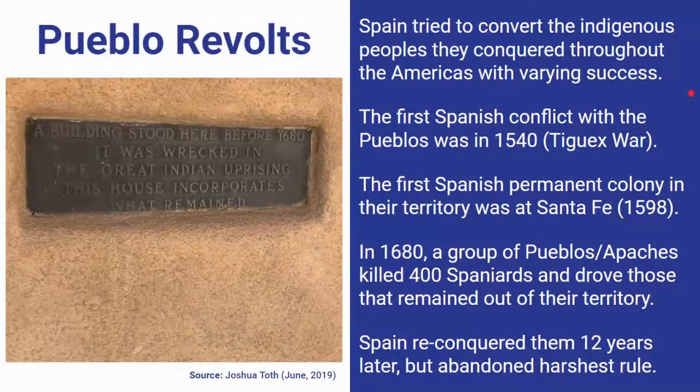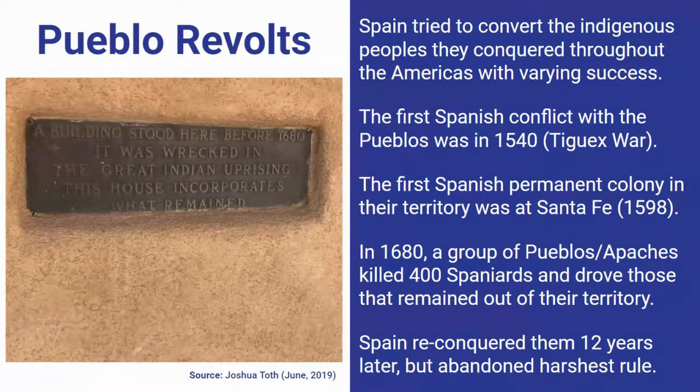In the Americas, you had a revolt, successful for a brief period of time, against the Spanish by the Pueblos allied with the Apaches in and around Santa Fe.